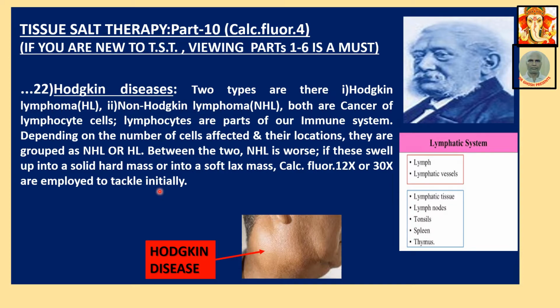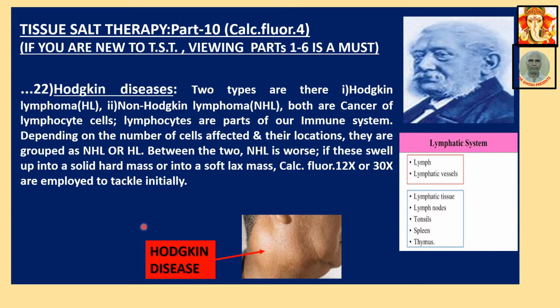Yes, this has the power to tackle it if it is used initially, before the part ruptures or makes a serious looking ulcer. Before that, while it is a soft mass or a solid mass of just a few months, Calcarea Fluor is sufficient to tackle this type of disease.